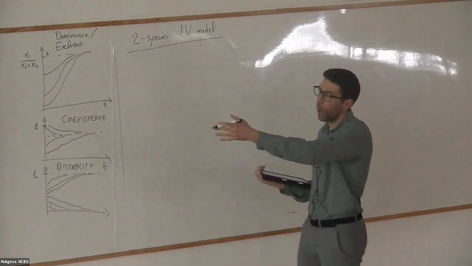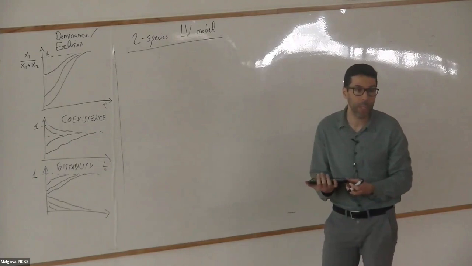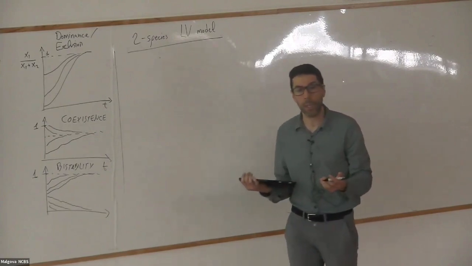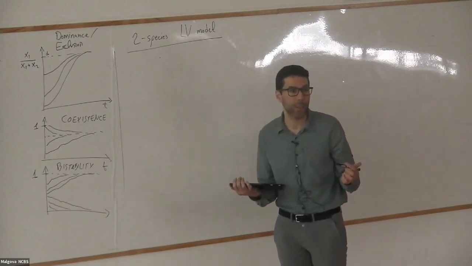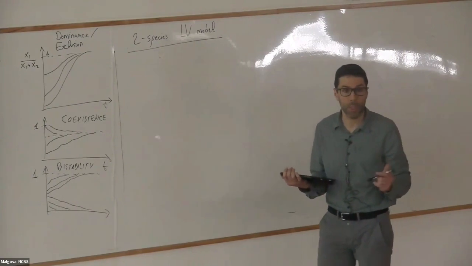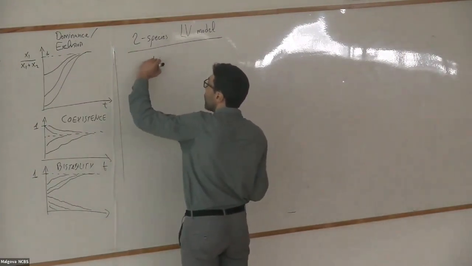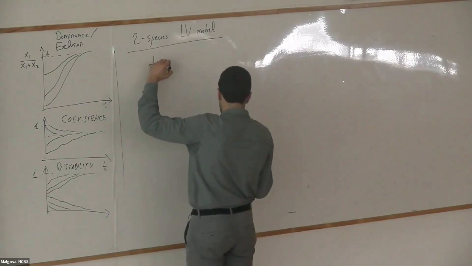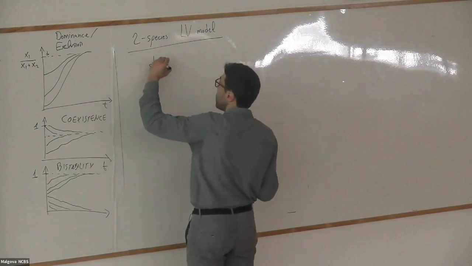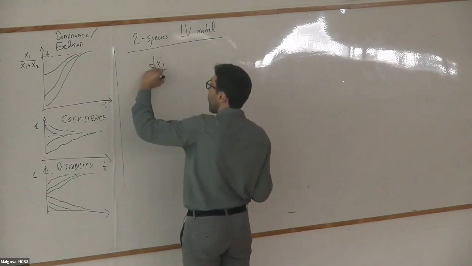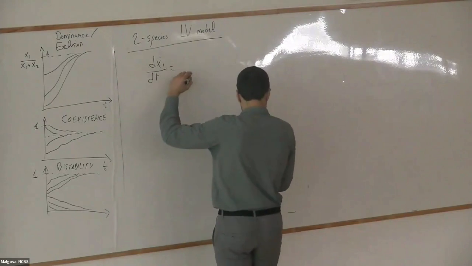We have seen already how populations grow logistically, and we are going to add an interaction term for the competition between the two species. The model I'm going to write is the Lotka-Volterra model that Stefano was presenting yesterday for many species, and I'm going to do the case in which we only have two species.